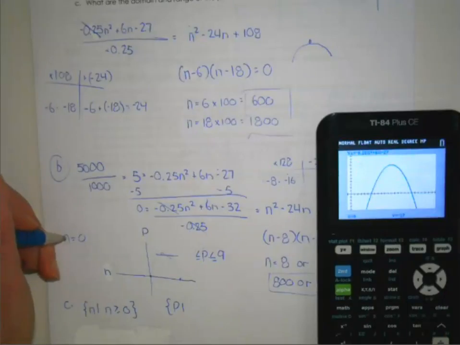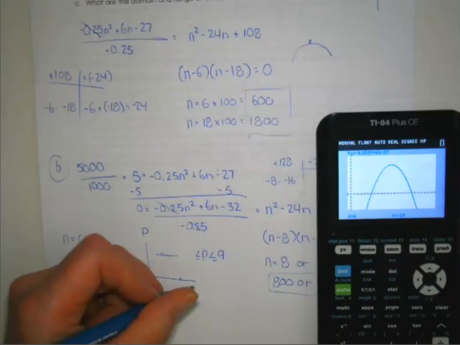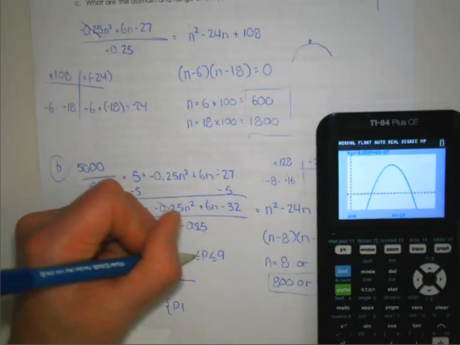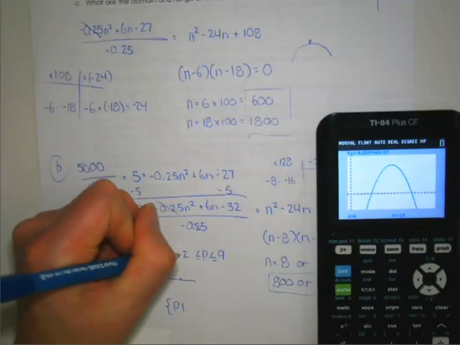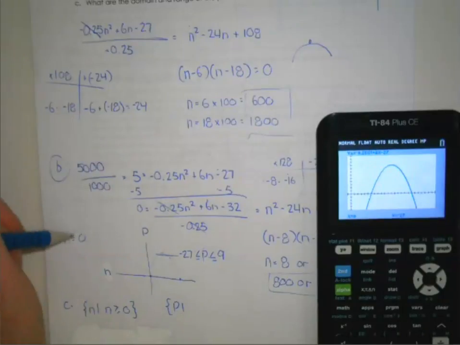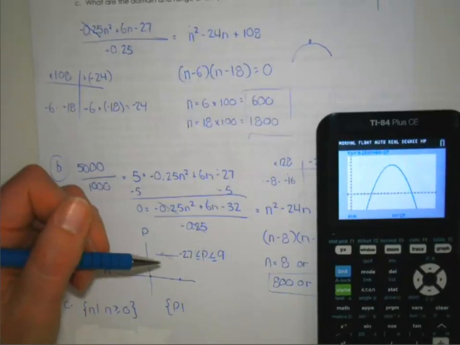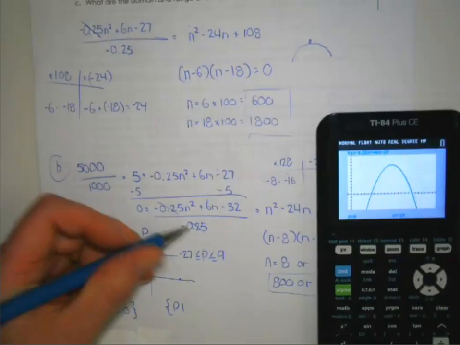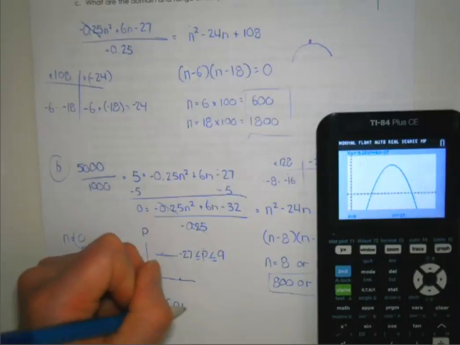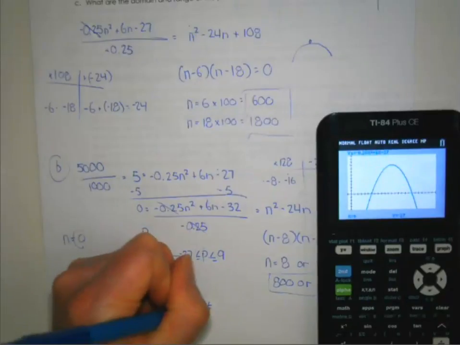And if we go into that, we see that when x is 0, our y is negative 27. So that means our profit has to be greater than or equal to negative 27. That kind of sucks because that means if she sold 0 posters, she would have a profit of negative $2,700, right? She would lose $2,700. Unfortunately, that's the reality of business: if you don't sell things, you'll be at a loss.